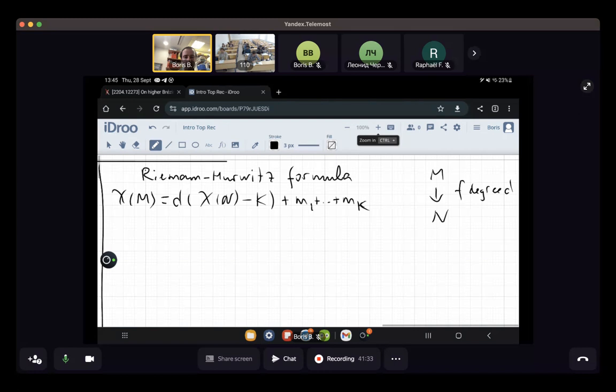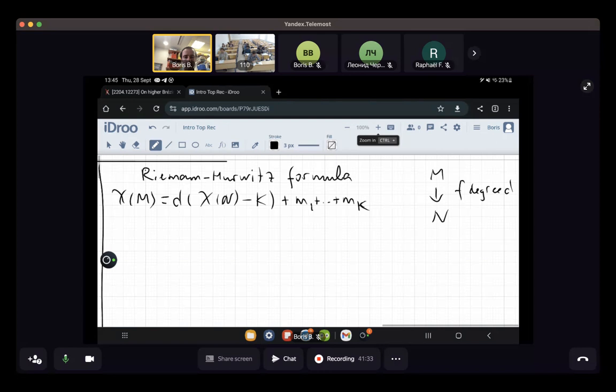Okay. In the case of simple Hurwitz numbers, we have the Euler characteristic of N equal to 2, k is equal to m plus 1, and say m1 is equal to m_{k-1} is equal to n minus 1, and mk is equal to n.